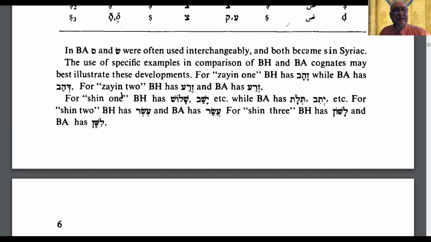So for Zayin 2, Biblical Hebrew has Zahra, because it's an Ayin at the end. And it's the same thing here in Biblical Aramaic, Zahra.